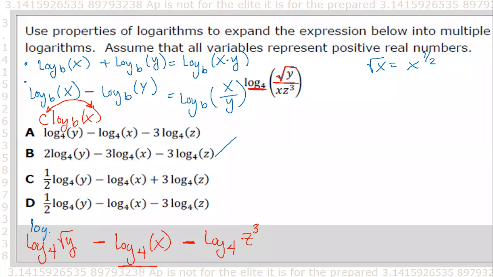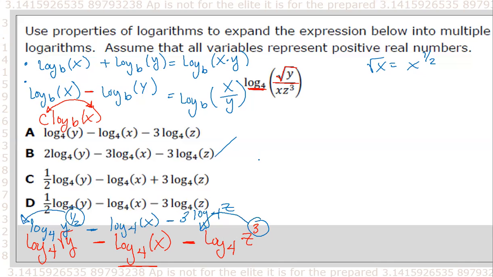I'm still at school. So log base 4 of y to the 1/2 exponent, minus, let me just write this again, log base 4 of x. What will be log base 4 of z to the third? How will that be written? Hopefully you said that you take this exponent and bring it to the front, so it's going to be 3 log base 4 of z. So this 1/2 would also go right here. This is very messy.